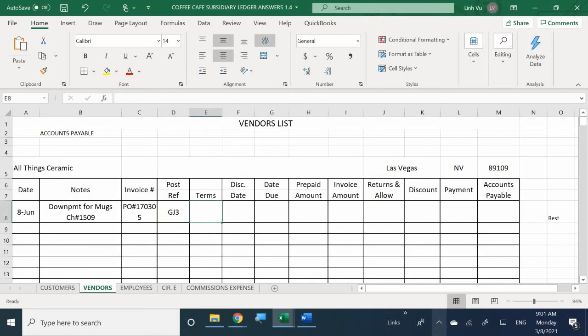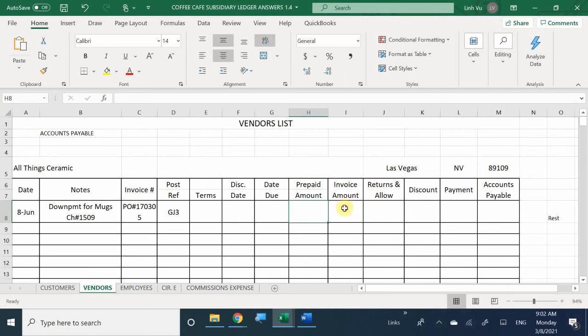We haven't received a bill yet, so no terms date, discount date, or due date. Remember, we don't use the prepaid amounts here because you can't make a prepaid amount on a prepaid amount. So we're going to treat it as if you paid a bill, or paid an invoice amount in advance.